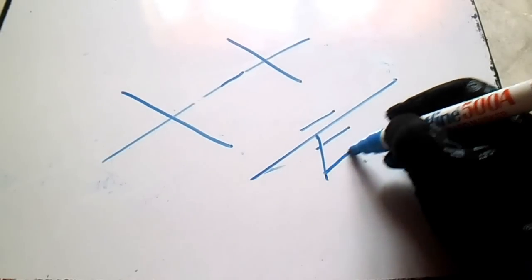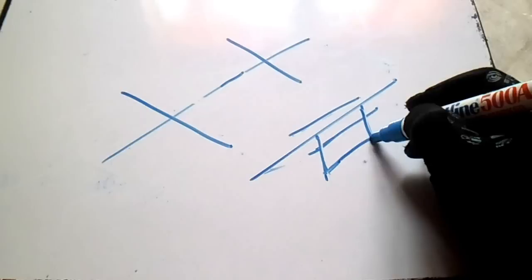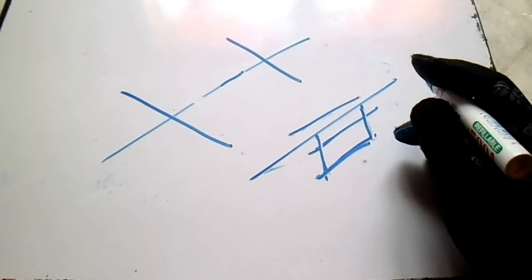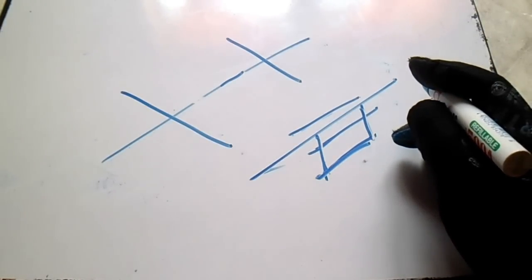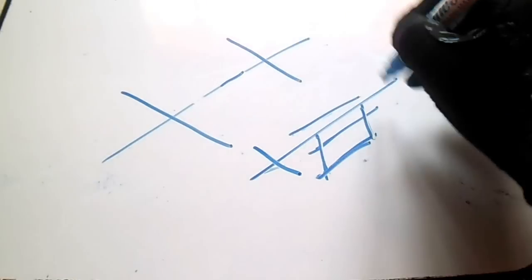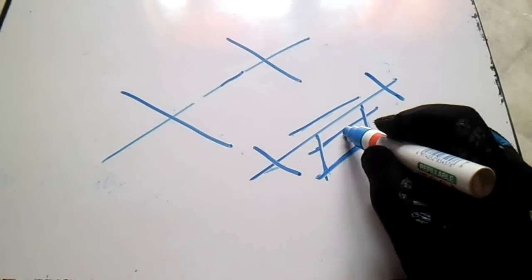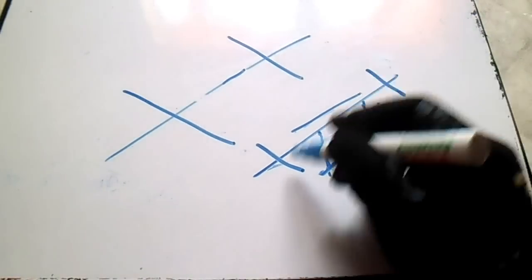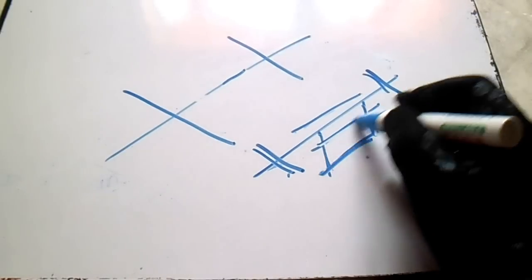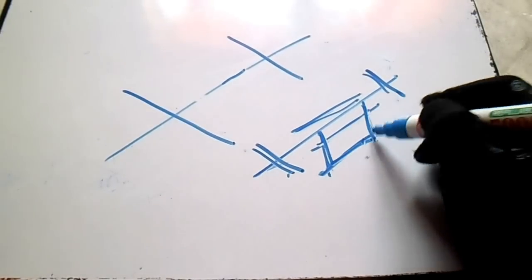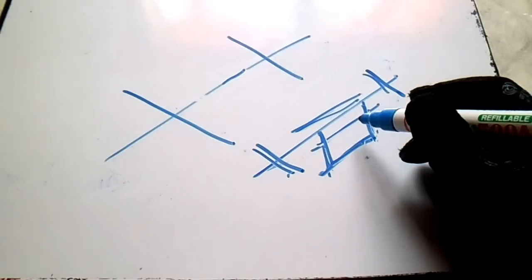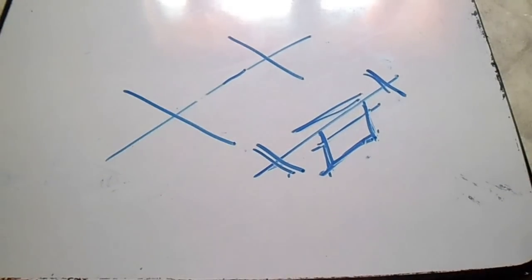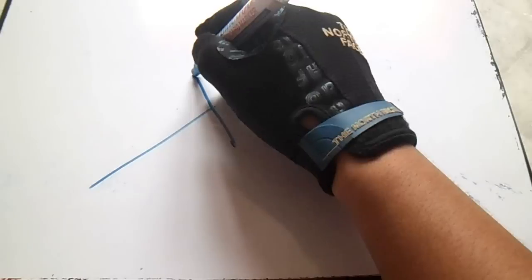So if you see the symbols, we have a guide and a shoe. Okay, and also we have a stop, stop and shoe, and also a guide. So this is a stop, and this is a guide, and this is a shoe. Okay, so you are familiarized from this drawing.